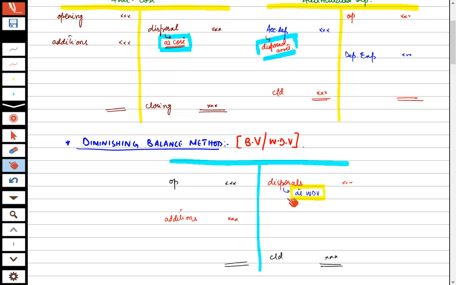And why not just the cost? You may say it is to differentiate the two methods, straight line and diminishing balance. And second, the method itself represents that the values are at book value, and we cannot differentiate it otherwise.